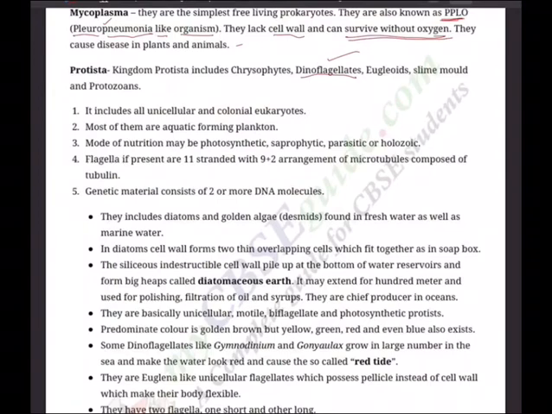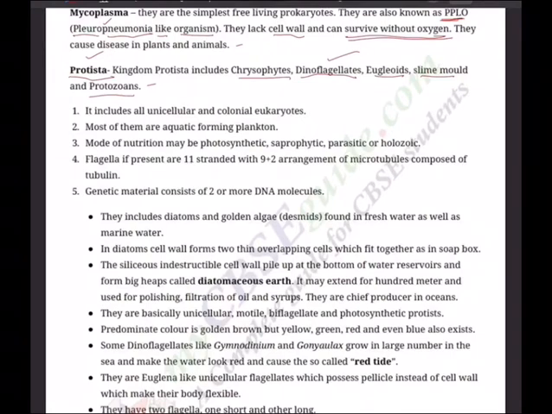Moving ahead, today we are going to study the second kingdom, as part of the 5 Kingdom classification of Whittaker. So Kingdom Protista includes chrysophytes, dinoflagellates, euglenoids, slime molds, and protozoans, which we are very familiar with.